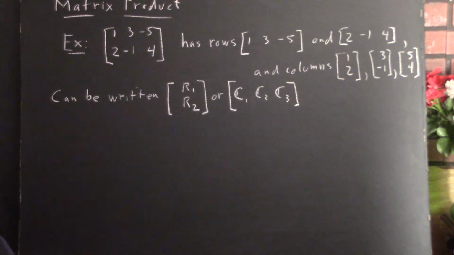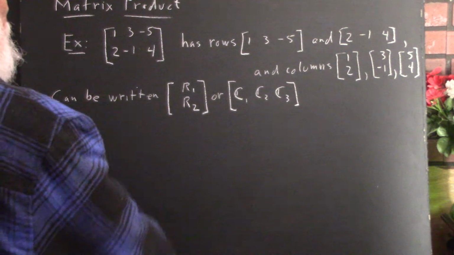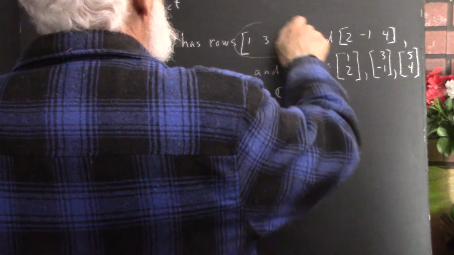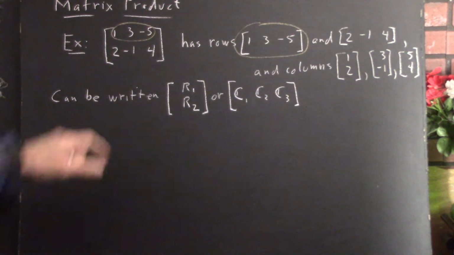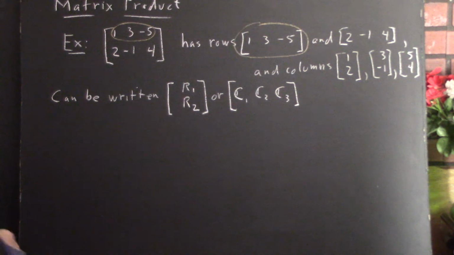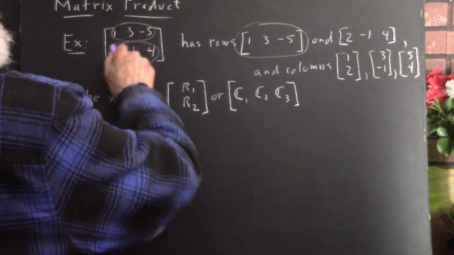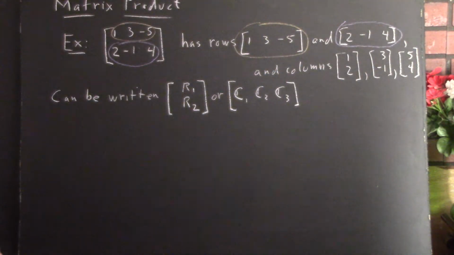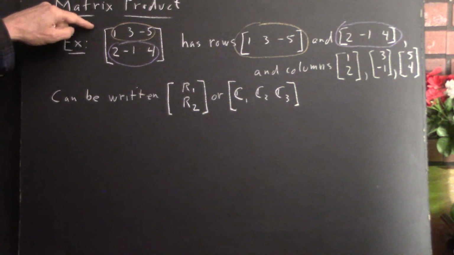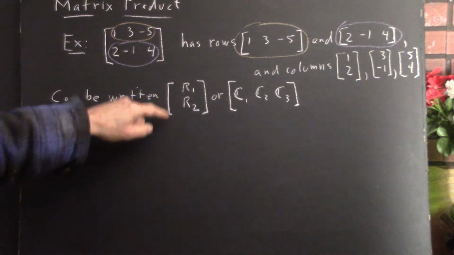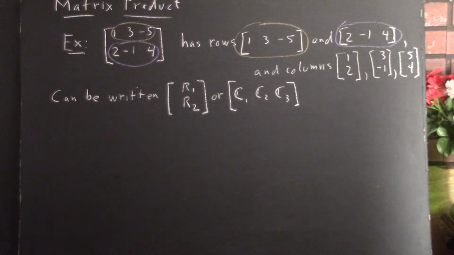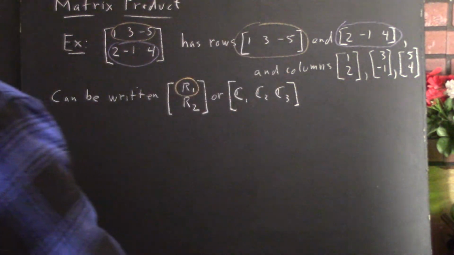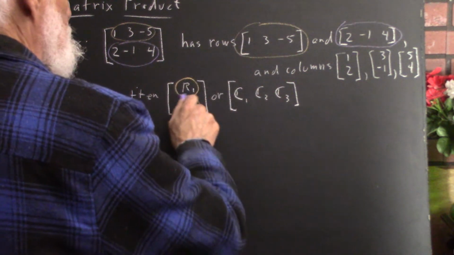Okay, well I'm going to circle the first row in colors, and I'm going to circle the second row in another color. This matrix can thus be written as row 1, row 2, where row 1 is this, row 2 is this.